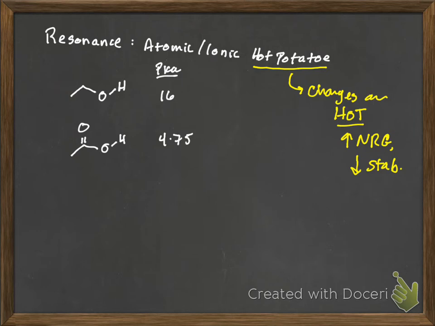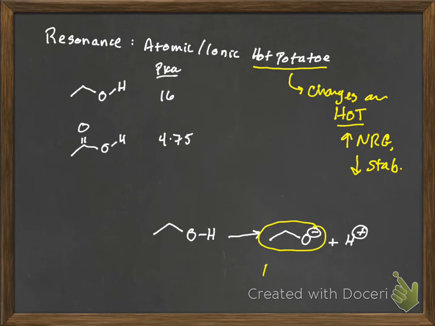So, something like ethanol here. When you deprotonate it, ethanol here has what we call a localized charge, meaning that negative charge is stuck in one place and isn't going anywhere.